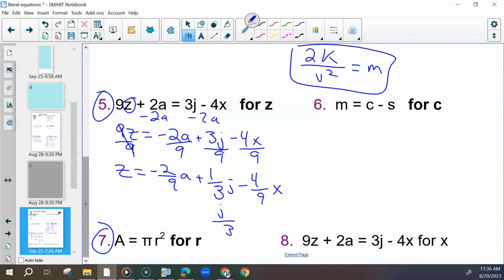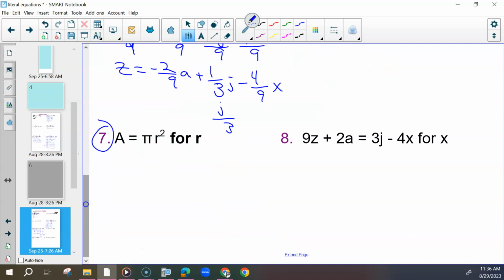The last one, number 7. A equals what's supposed to be a pi symbol, r squared. We're trying to get r by itself. So we do this. Divide by pi. This is my pi symbol. Do however you do pi symbols. Now in this case, because we were trying to get r by itself, we have to get rid of the square.